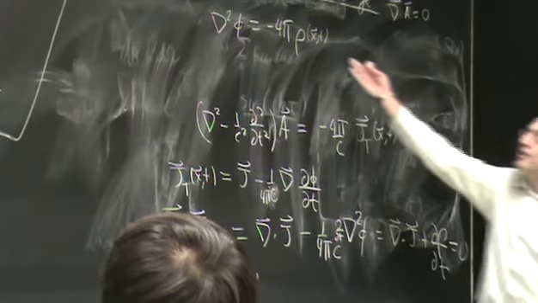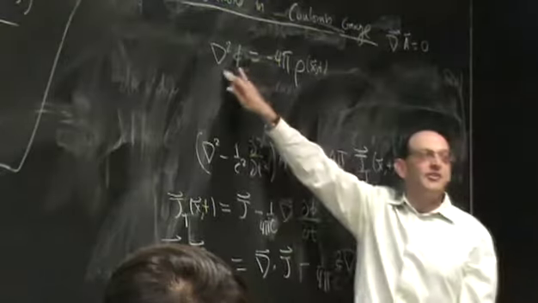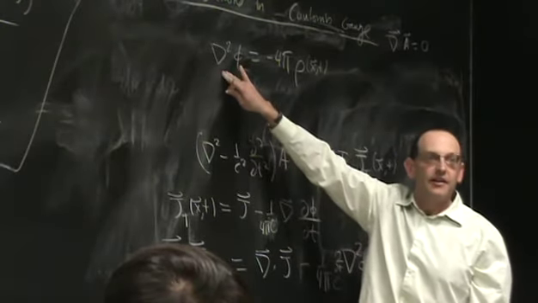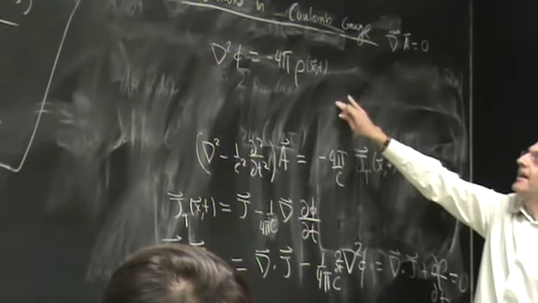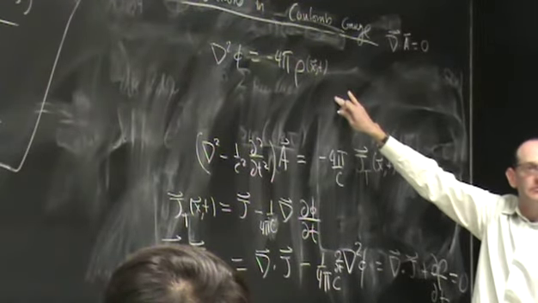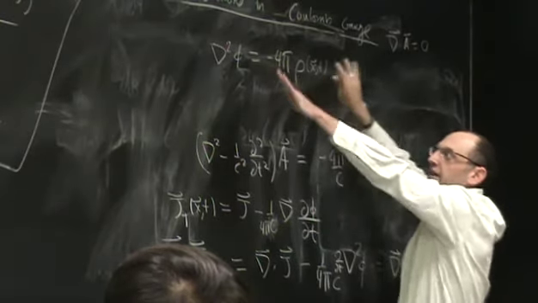Well, this equation is kind of weird. Notice there's no d by dt here. This looks exactly like the static problem. T is just a parameter here, there's no derivative with respect to time.